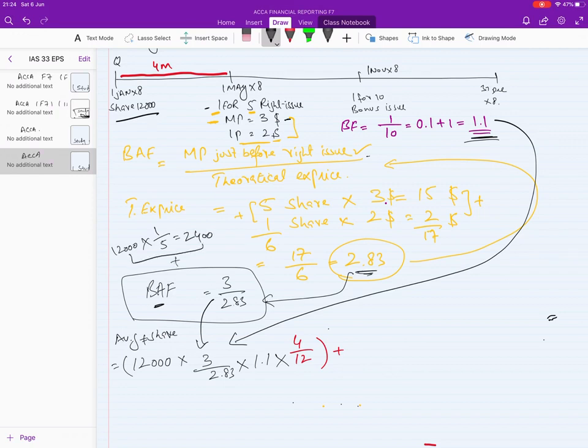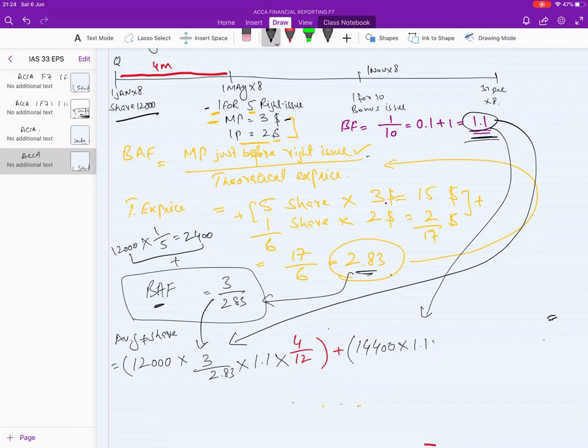If you add these two, it will give you 14,400. It means the company has 14,400 shares now in hand, and take the effect only because the bonus issue is in November. So take this effect here as well, because it was still outstanding.